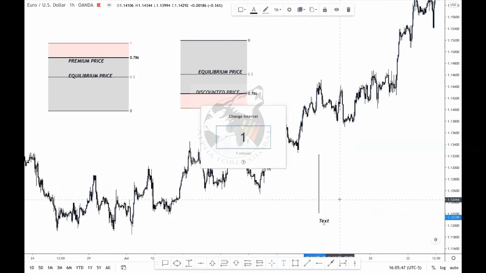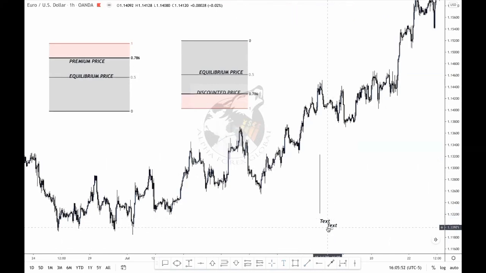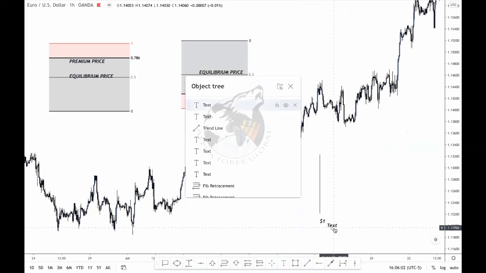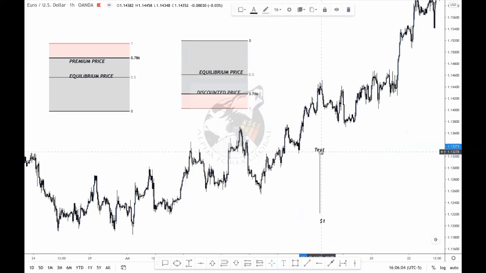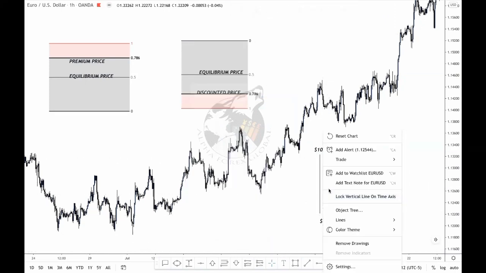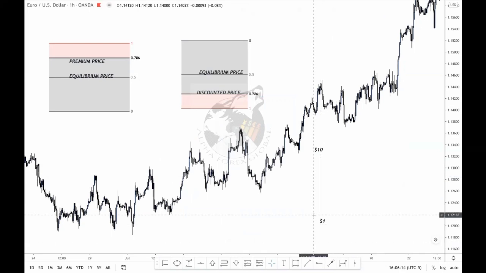So from $1 all the way up to $10, right? Say this is like Tesla, and it started to sell for $1, and price went all the way up to $10.